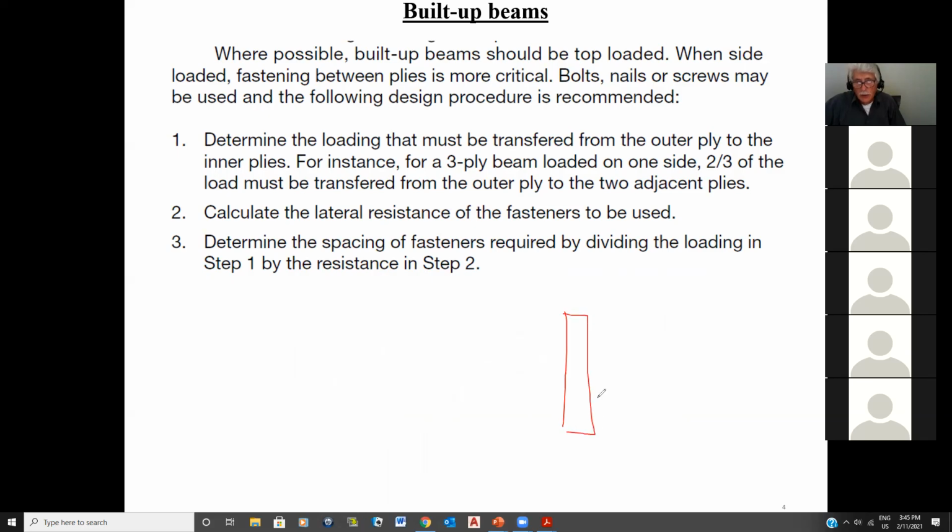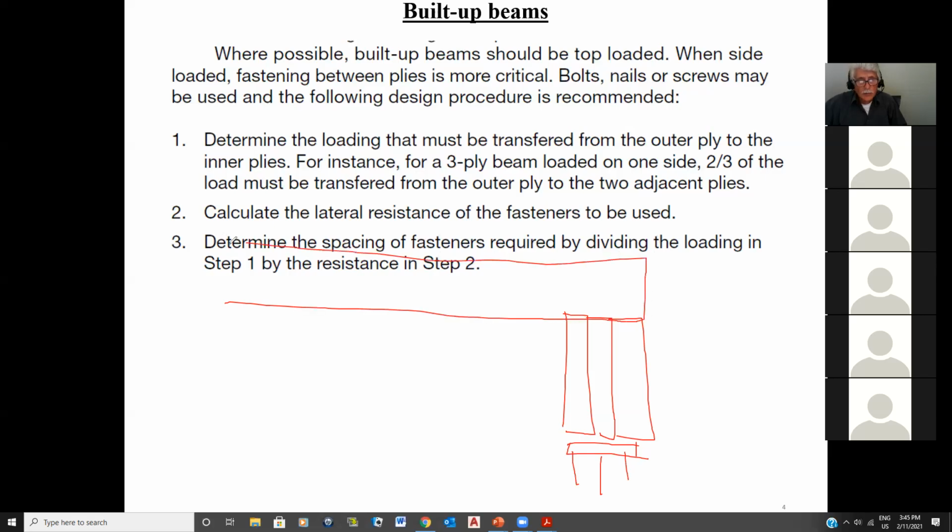I'm looking at a beam, so I have like 1, 2, it doesn't matter how many plies. There's my beam. Of course, it's going to have some kind of support underneath it. Now, what they're saying is that if the floor joists are going to be resting on top of it like this to be supported, then this is top loaded.